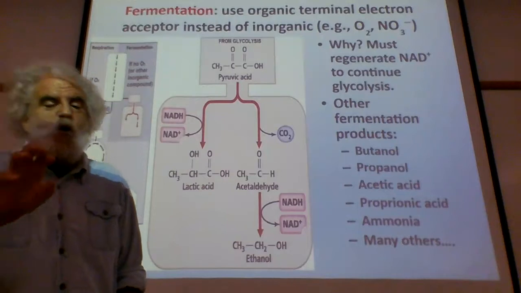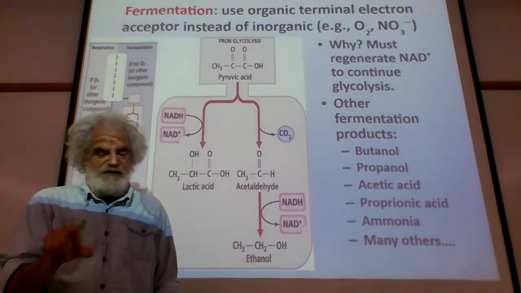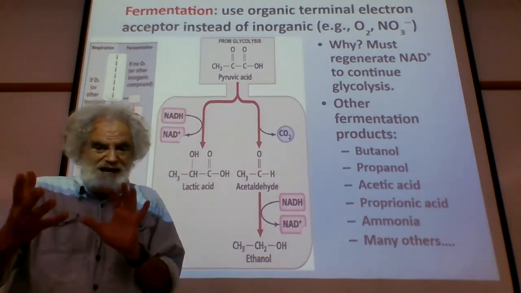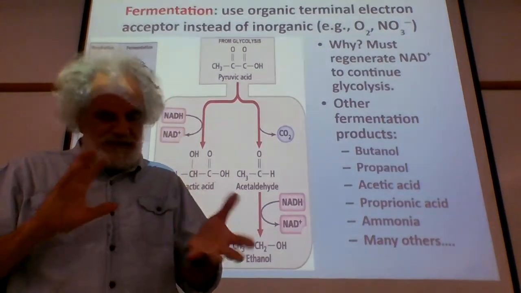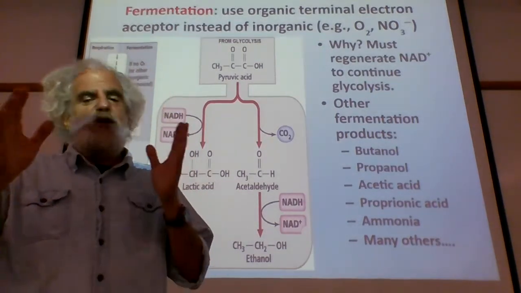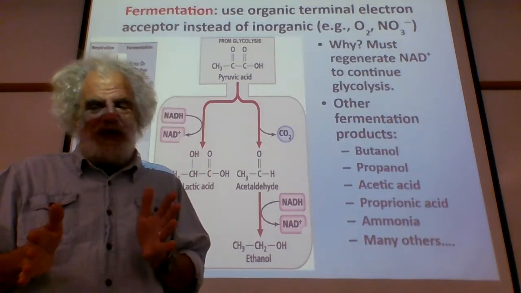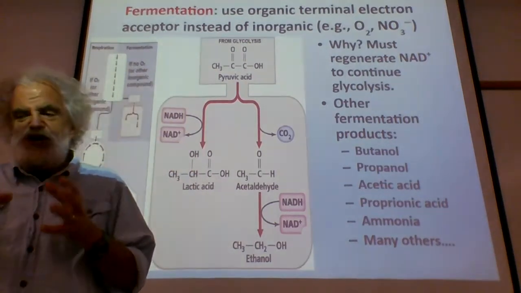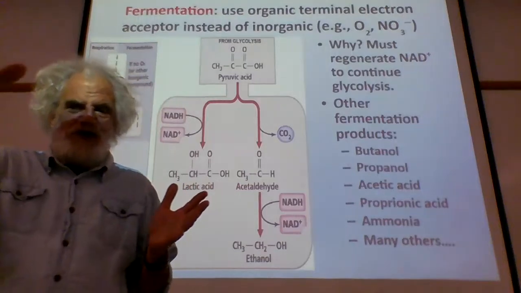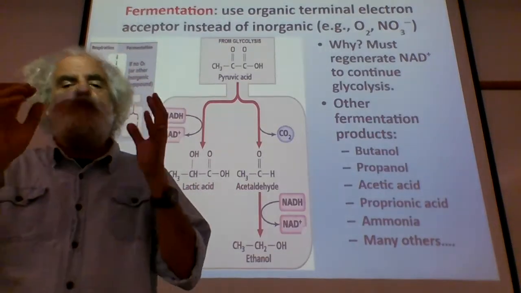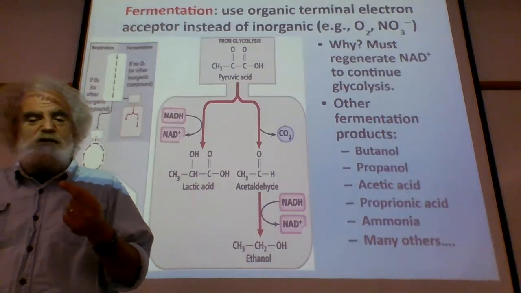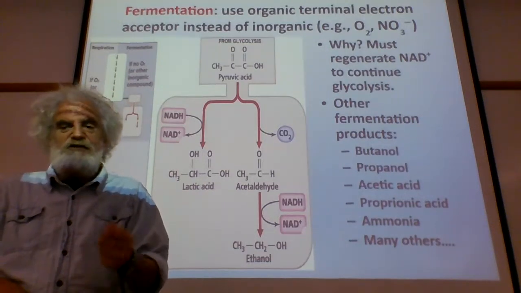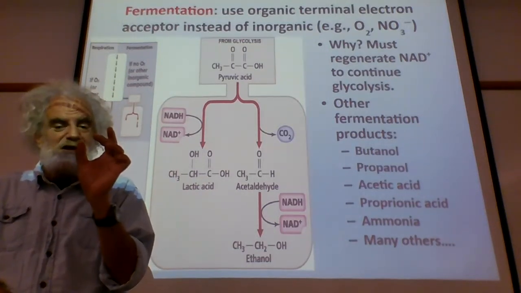Now, when we are going to use pyruvate as the final electron acceptor, that is anaerobic respiration, but this is a very specific type of anaerobic respiration that we call fermentation. Fermentation is where we use, the title says organic terminal electron acceptor. Pretty much it's going to be pyruvate. We do this because in order to carry out glycolysis, you have to have that NAD molecule.